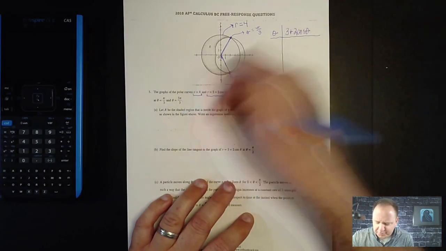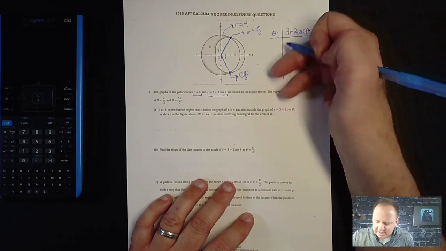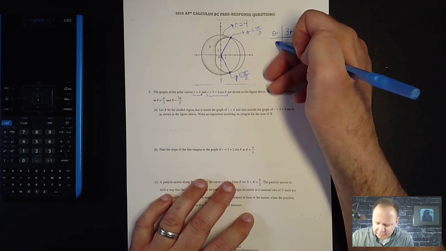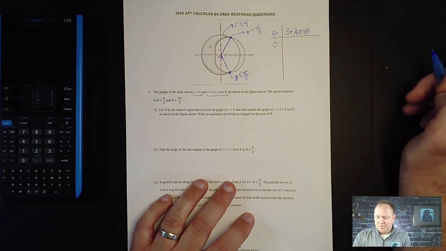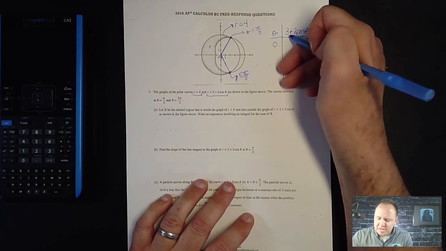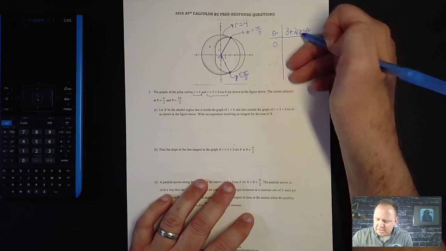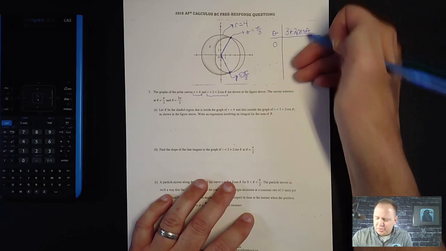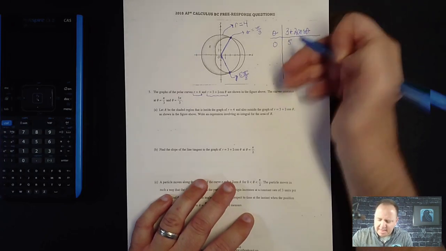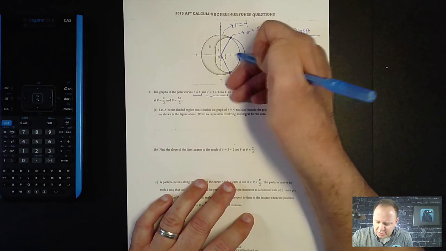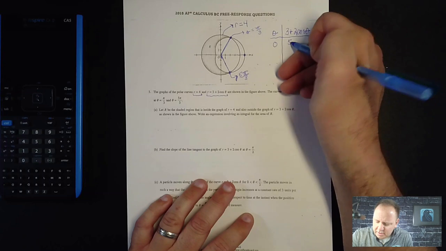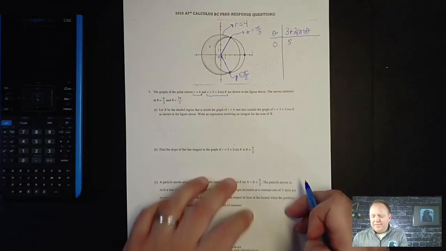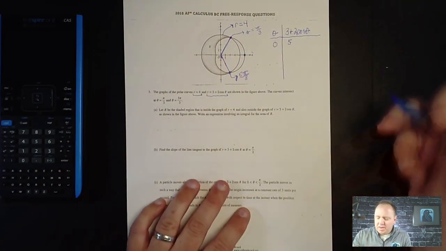Now remember, I'm just going to look and see how this thing's being built. So if I start at theta is equal to 0, that gives me what? 3 plus 2 times 1 would be 5. So if you go over 1, 2, 3, 4, 5 on the initial ray, that's where this curve is starting.